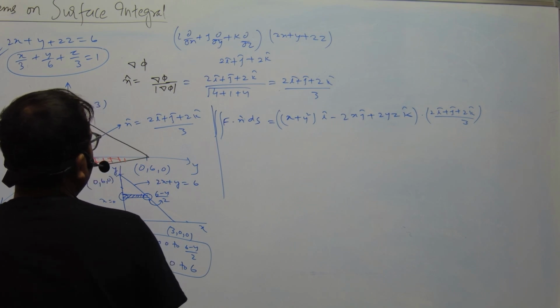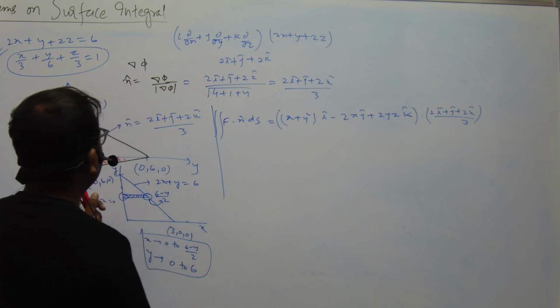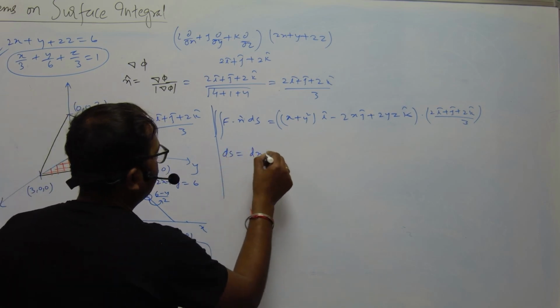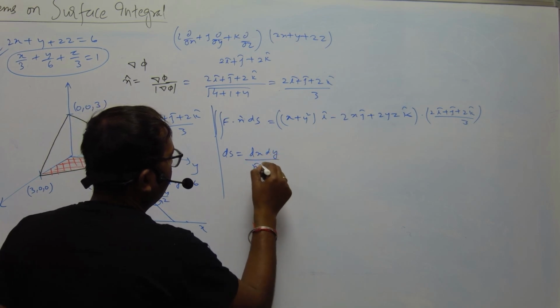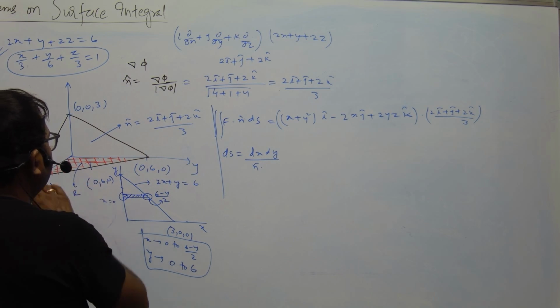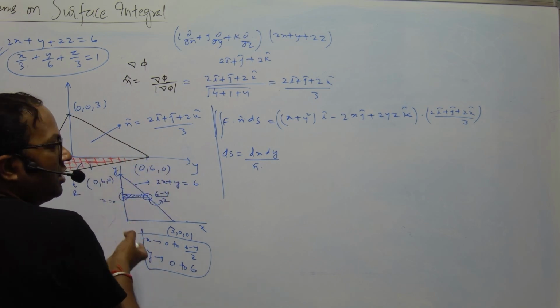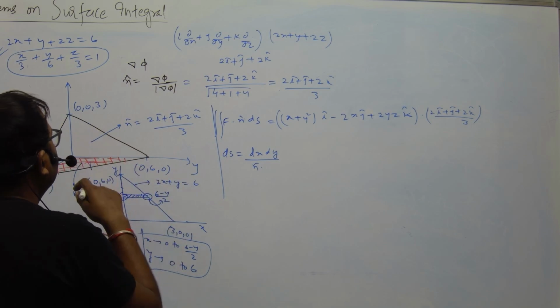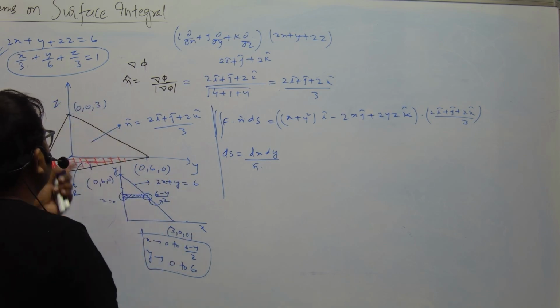So how can we find the value of dS? Since we have taken the projection on the xy plane, dS is equal to dx dy upon the mod of n cap dot the unit vector perpendicular to this region R. Region R is on the xy plane, so the unit vector perpendicular to the xy plane is along the z axis, that is k cap.